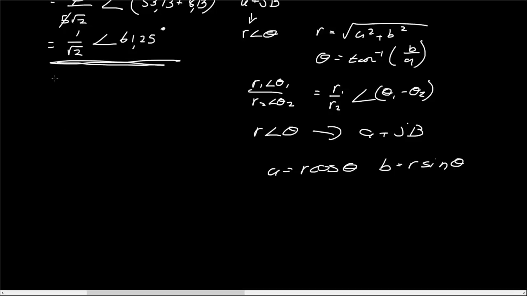Again, I'm just going to do this on my calculator. You've got the formulas there, you can try it yourself, and if you have any problems, you're welcome to ask me. So 1 over root 2 angle 61.25 degrees, and we're going to convert that to rectangular form.